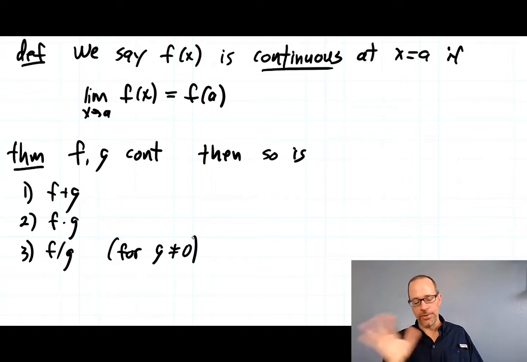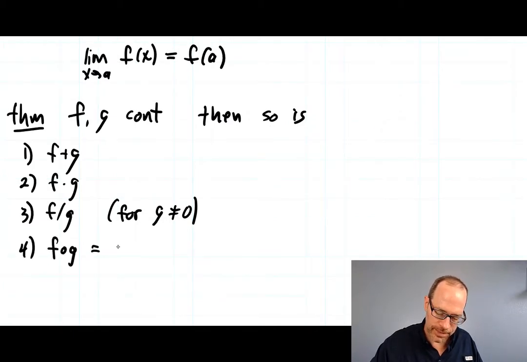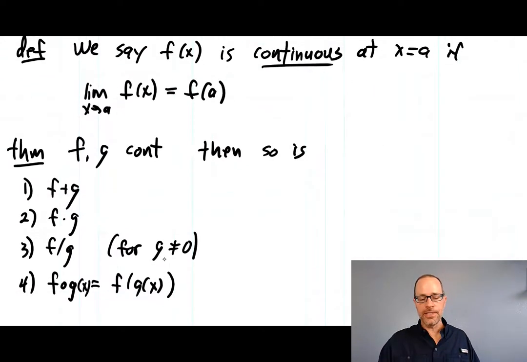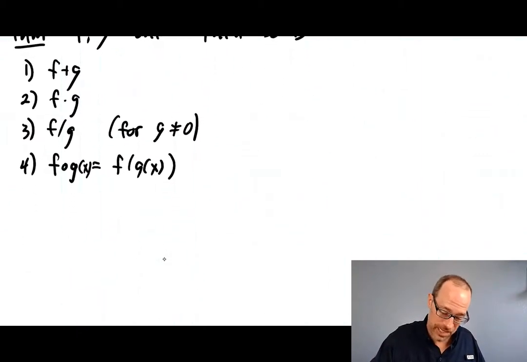When g is 0, all bets are off. But as long as g is not 0, you're okay. And then finally, composition of functions. Remember that f composed with g of x just means f of g of x. So you take g and plug it into f. Pretty much anything you do with a continuous function, except division by 0, leaves it continuous. So if you want to evaluate a limit, and you can see that all the pieces are continuous, and there's no division by 0, then it's easy. Just plug in. So here's an example.